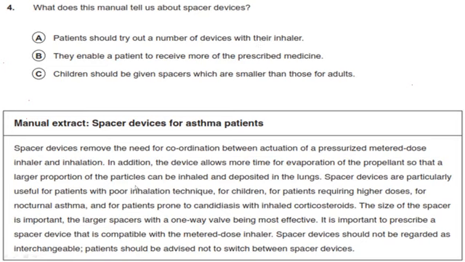Is the number mentioned here or not mentioned at all? No, sir, it didn't mention here. I didn't get this point. Okay. And what about children? Should spacers given to children be smaller than those for adults?